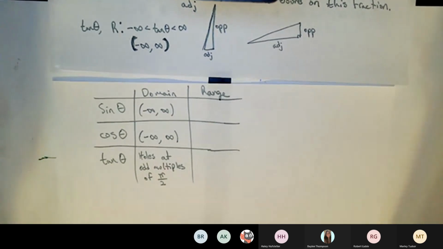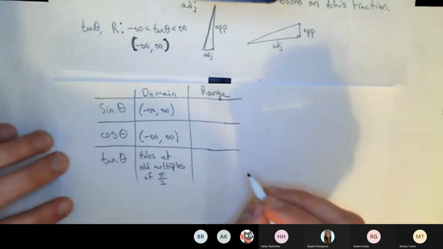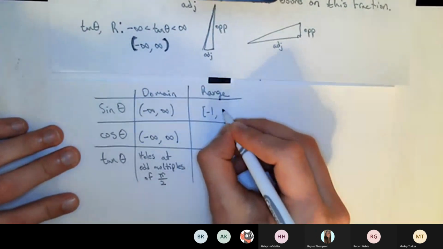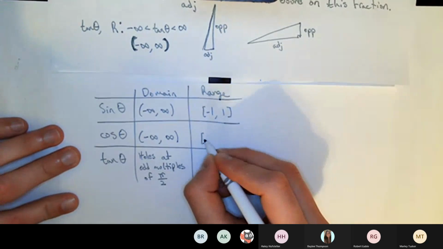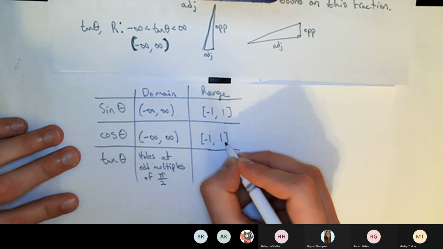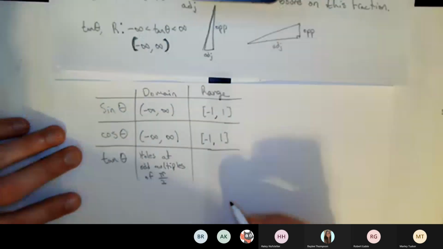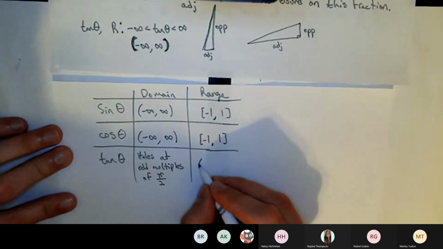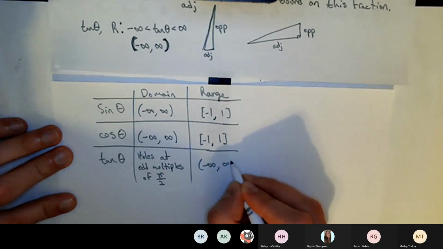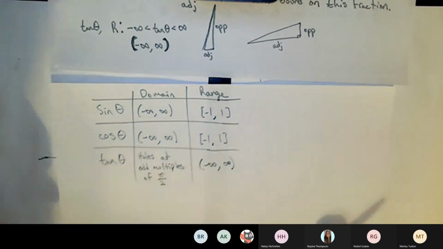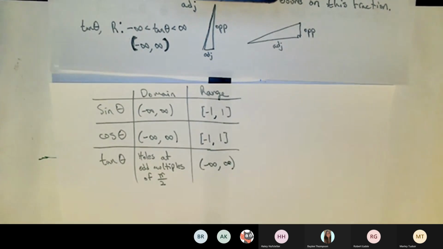All right, now the range for sine and cosine were both bounded between -1 to 1. Okay, and tangent of theta, its range was actually unbounded. There it is, domain and range all in a nice little table there. Good.